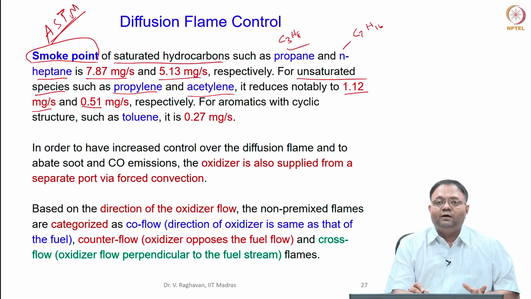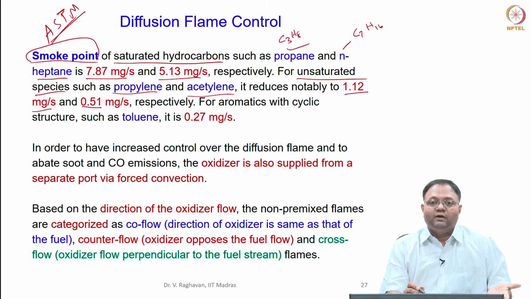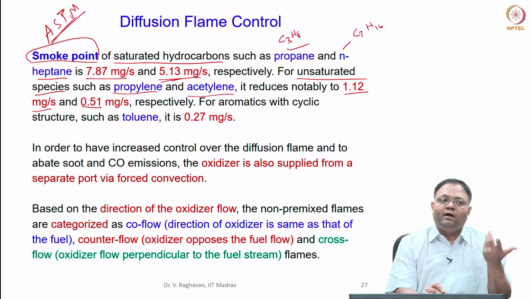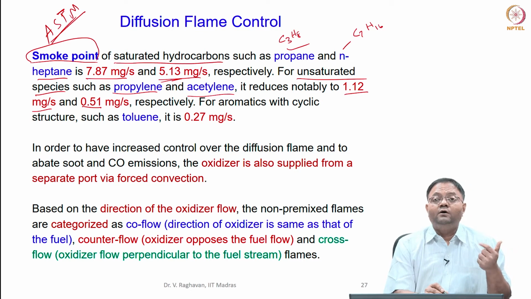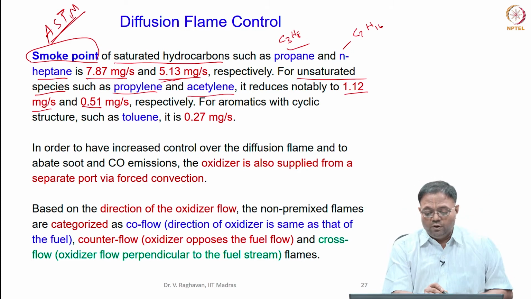So these are the fuels which will form more and more soot, and the soot is not able to oxidize even at a very low flow rate like this. If you compare to heptane, it is only 10% of the flow rate, but you can see the smoke point is reached. I am not able to control the soot oxidation. Soot is not oxidized within the flame and the smoke comes out. So that is the problem.